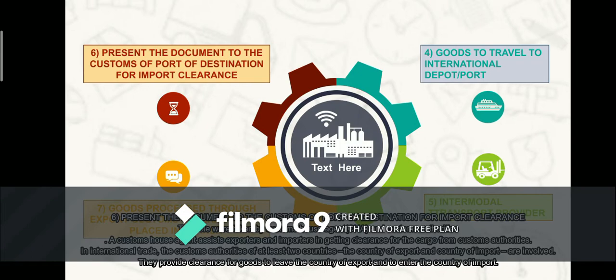The next point is presenting the documents to the customs of the port of destination for import clearance. This role is taken by customs house agents, CHA, and customs authorities. A customs house agent assists exporters and importers in getting clearance for the cargo from customs authorities.